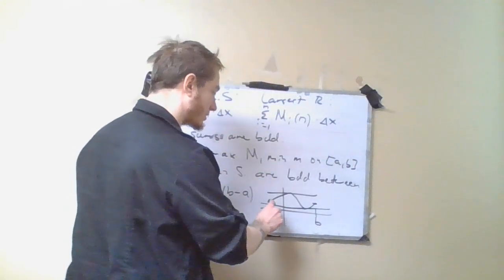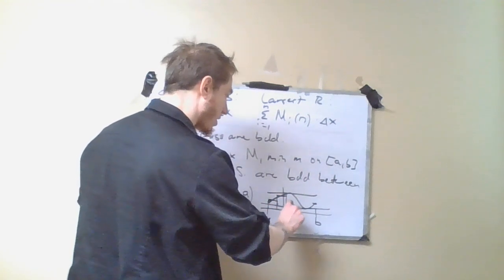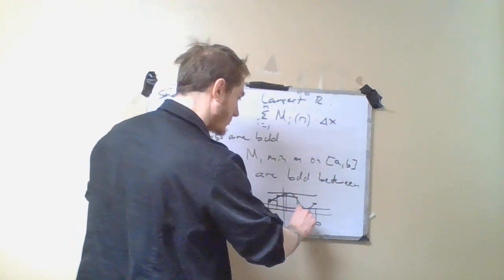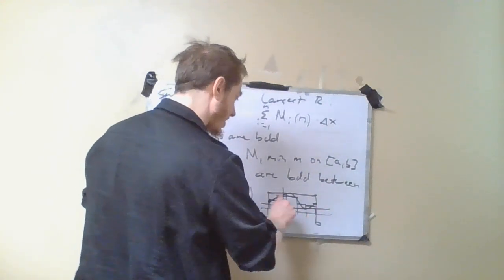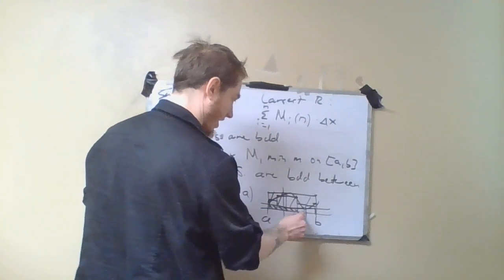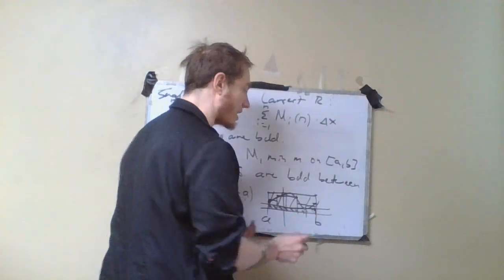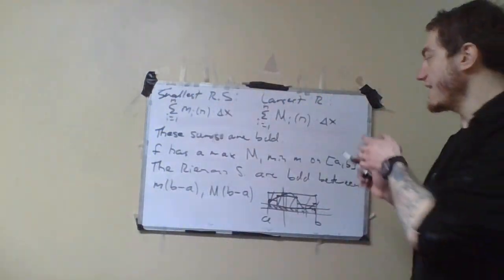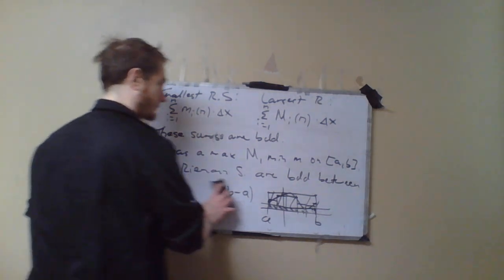All of my Riemann sums are going to have to sit somewhere between the two rectangles, this big rectangle here and the small rectangle down here. Okay, I made a mess of the picture. I hope everybody can kind of see what is going on here with the picture. But yeah, so the Riemann sums are bounded between these two numbers.